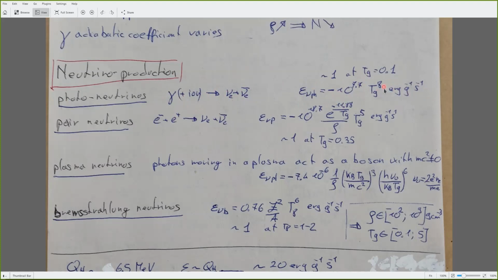What is interesting to check is the dependence. You can see that almost all of these reactions have a strong dependence on the temperature.